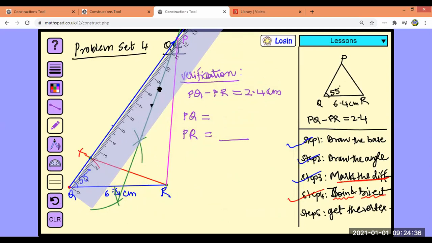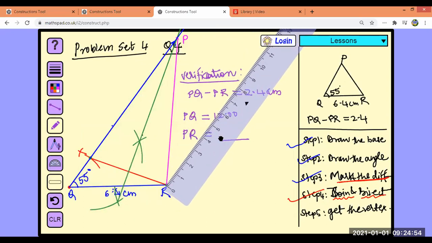Okay, not exactly 12, it will be 12.1. If I try to measure it again, it says 12 or 12.1. Okay, so let's consider 12 itself. Fine. And PR. What is the measure of PR?